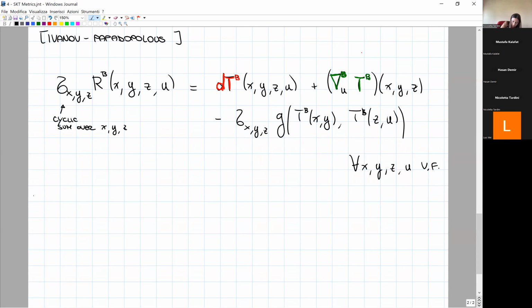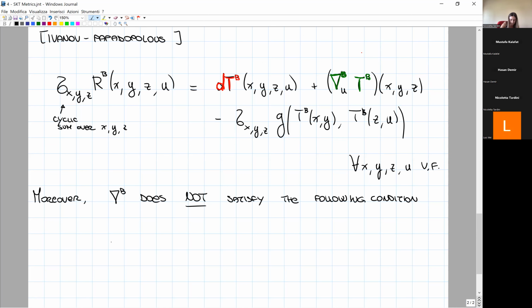Moreover, nabla B does not satisfy the following condition.